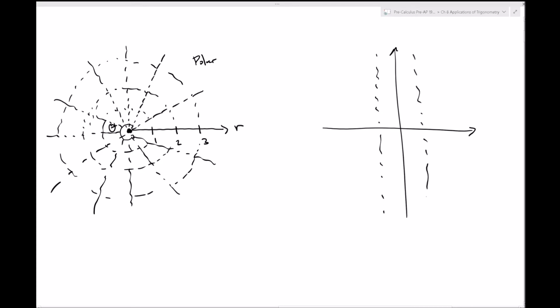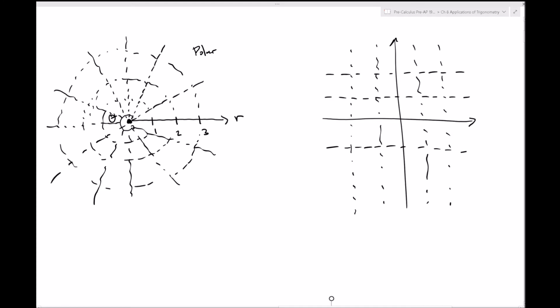That's different. This is polar, and then we think of a Cartesian rectangular grid with a bunch of dotted horizontal and vertical lines. Let's say that's 1, -1, 2, -2, and 1 again, but vertically, 2 vertically, -1 vertically, -2 vertically.